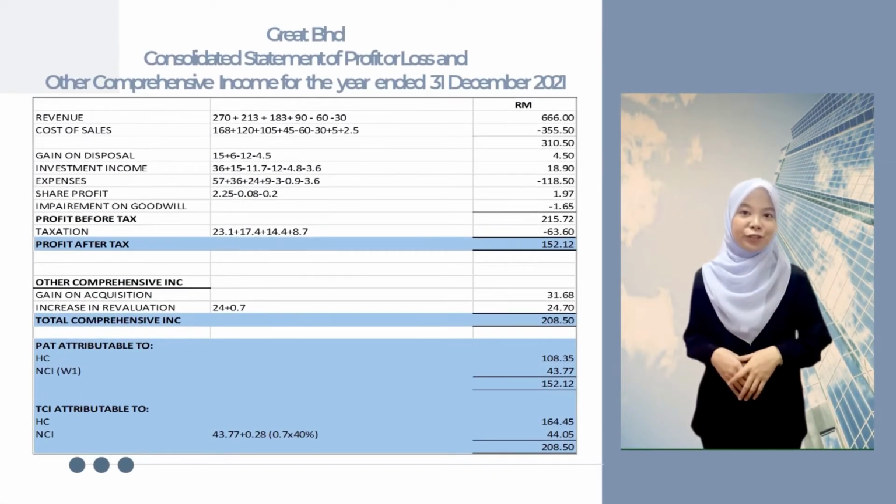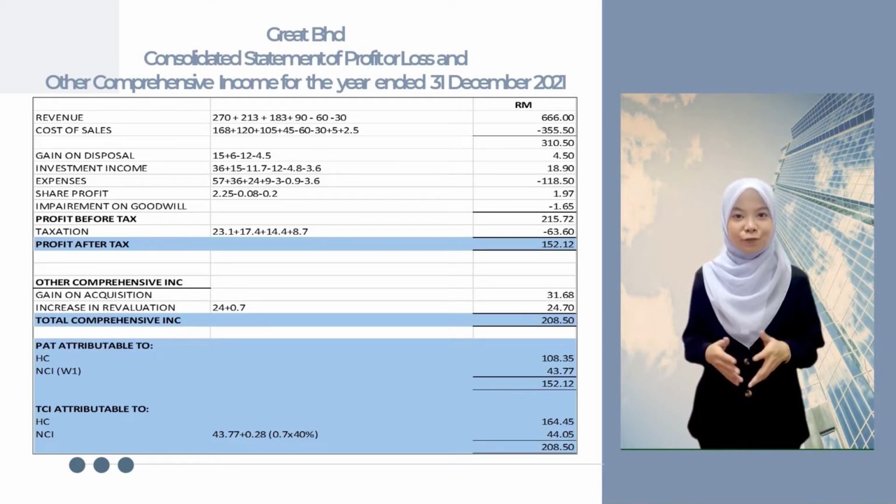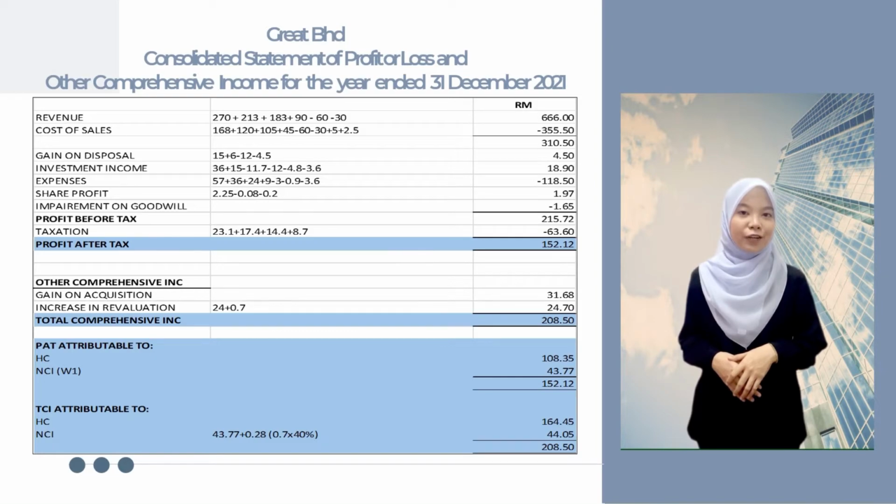The figure of 43.77 million calculated earlier will be transferred to the NCI under the PAT attributable to in the consolidated statement of profit or loss. It will be deducted from the profit for the year of 152.12 million, and hence the share of the holding company assessed was 108.35 million.